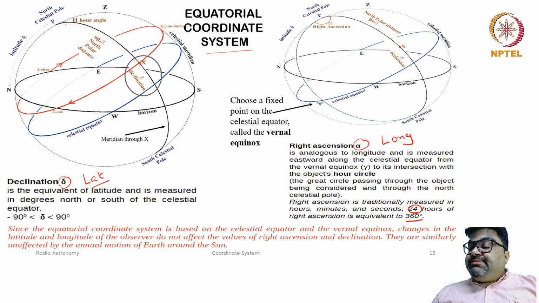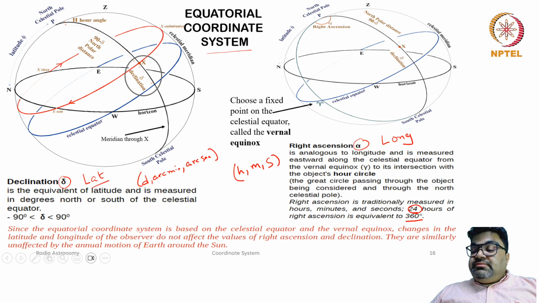So we typically express right ascension in terms of hours, minutes and seconds, and we typically express declination in terms of degrees, arc minutes and arc seconds.